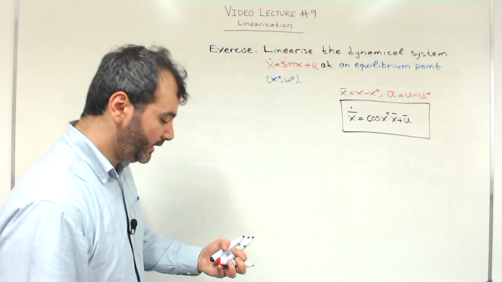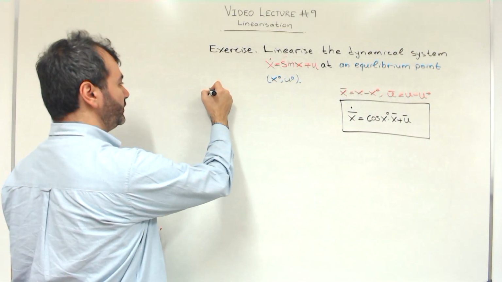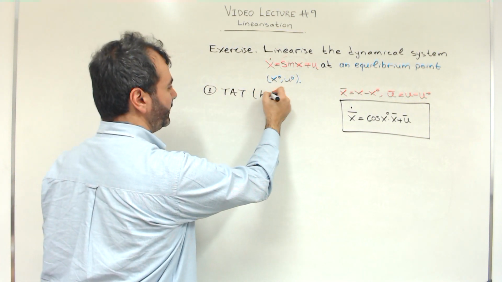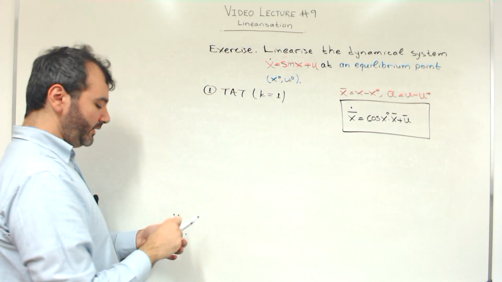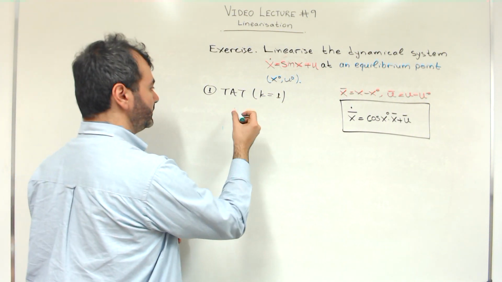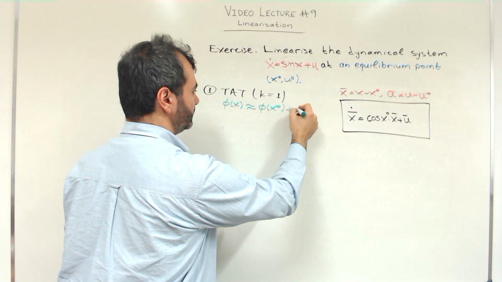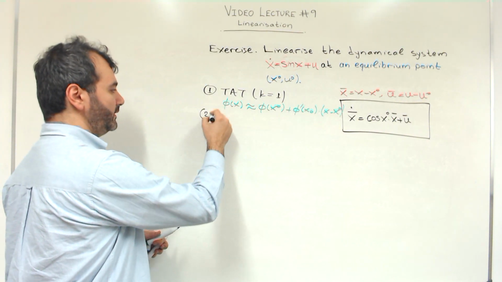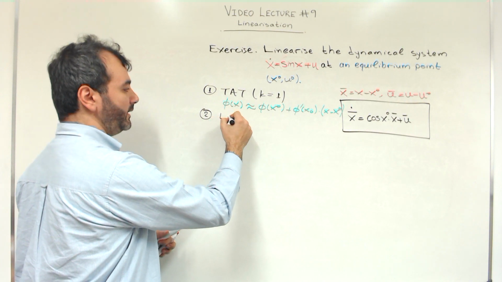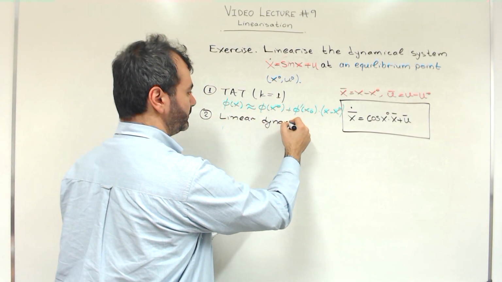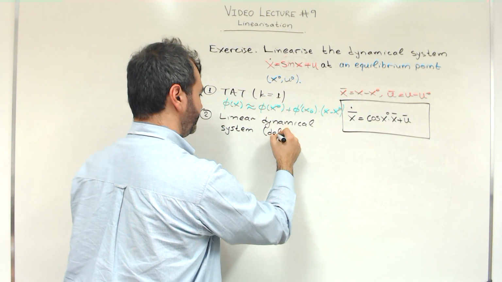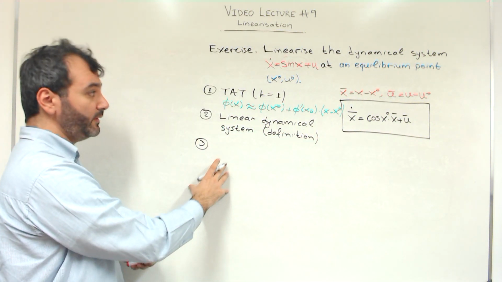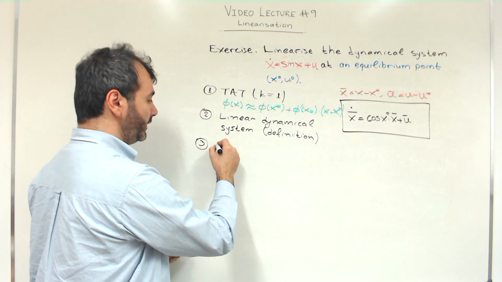So in summary, what we need to have in mind is, first of all, Taylor's approximation theorem with k equals 1. Let me write the equation down once again. The second thing to have in mind is what is a linear dynamical system. The third thing I would like you to keep is the definition of an equilibrium point.